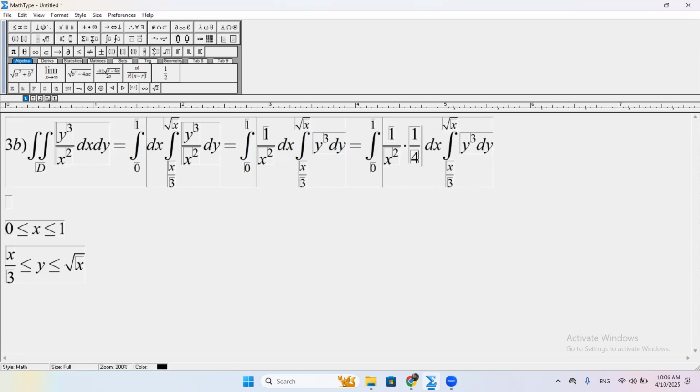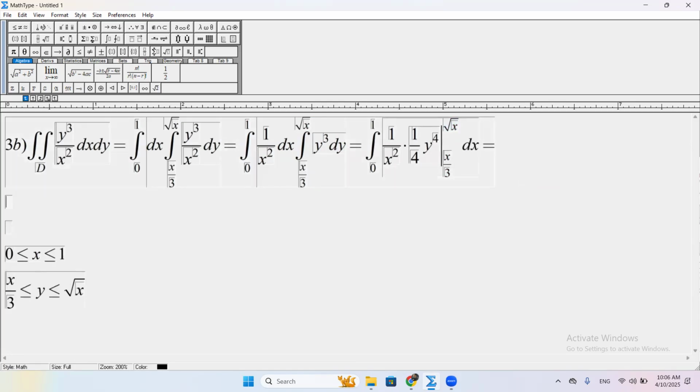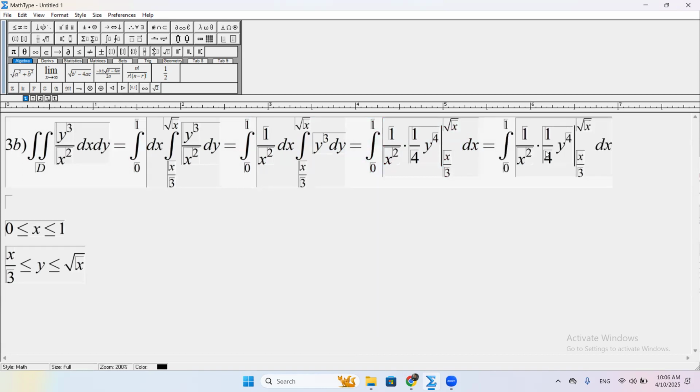So 1 over 4 y in power of 4. So we have the full integral, and now let's do the substitutions. Let's move 1 over 4 out of the integral.